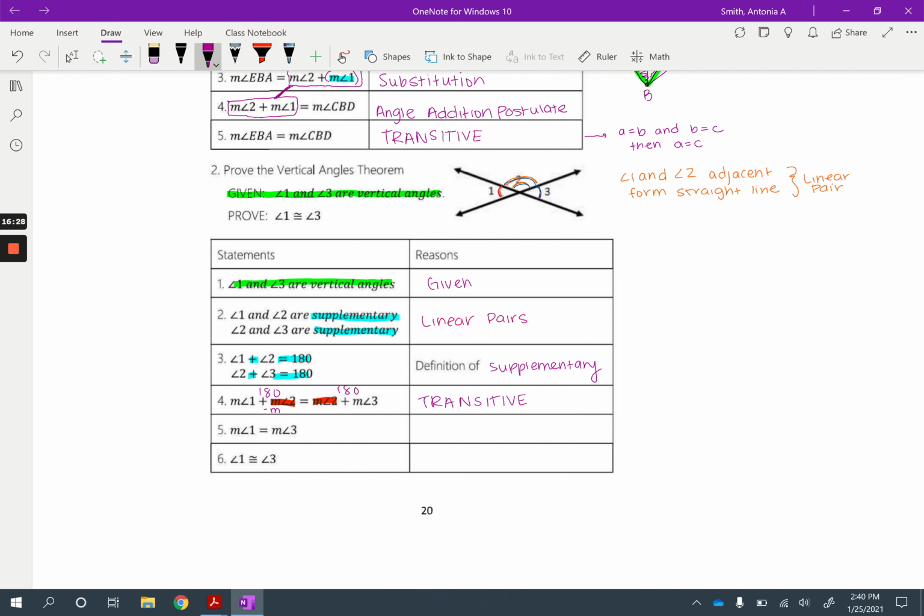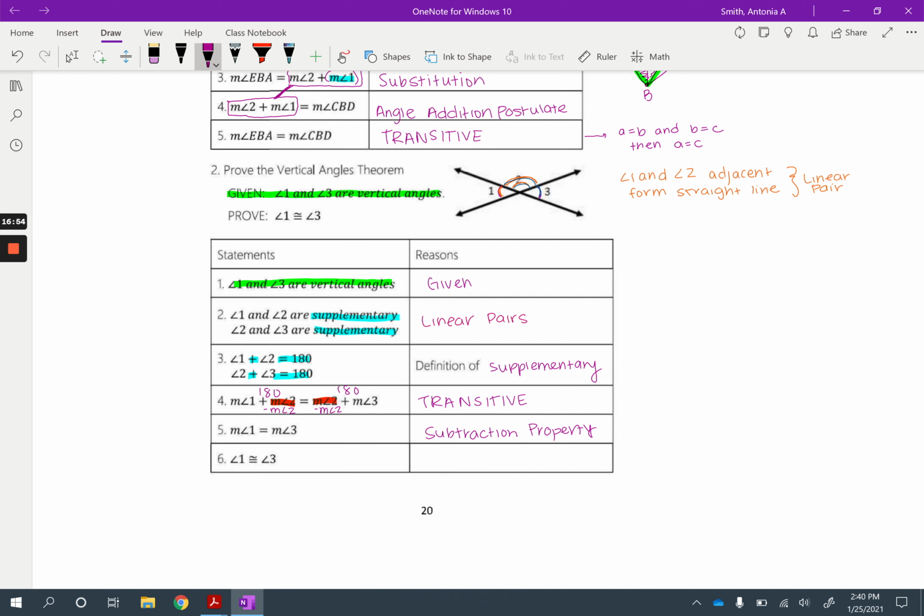If I subtract the measure of angle 2, it's going to go away, and all I'm left with is the measure of angle 1 equals the measure of angle 3. That's just the subtraction. I don't teach English for a reason, because I suck at spelling. Subtraction property. We use that property all the time.